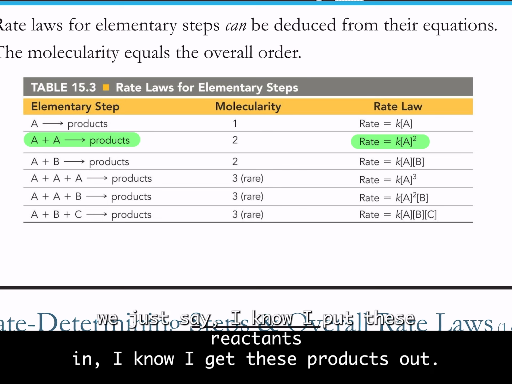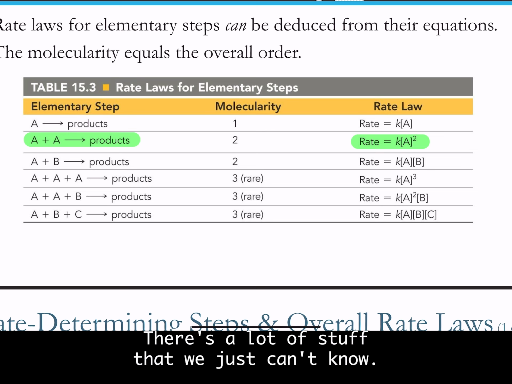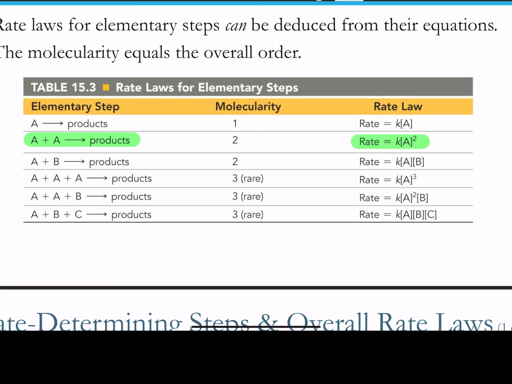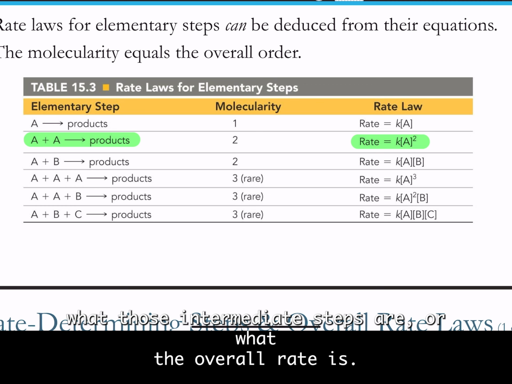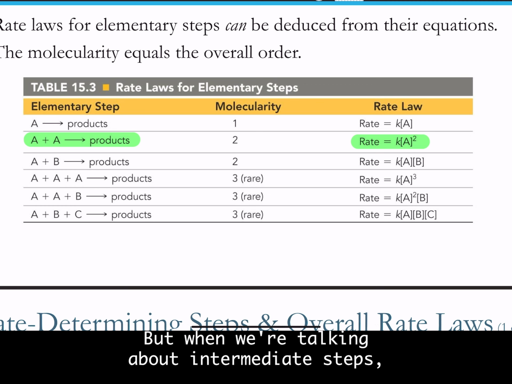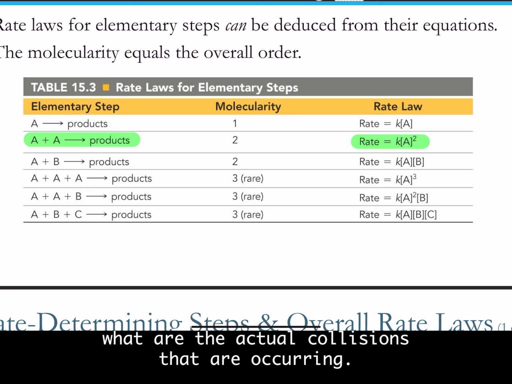When we look at the overall, we just say, I know I put these reactants in, I know I get these products out. How that happens is completely hidden. And so there might be intermediate steps. There's a lot of stuff that we just can't know. So it's not possible from that overall to be able to determine what those intermediate steps are or what the overall rate is. But when we're talking about intermediate steps, we're thinking in terms of collision theory, and we're trying to hypothesize what are the actual collisions that are occurring.